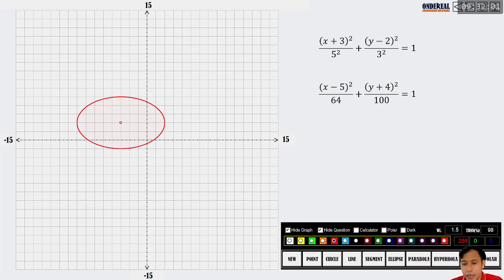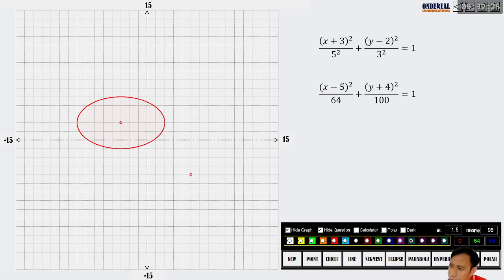So, sa graph na niya. Well, the center is at 5, negative 4. Saan yung 5, negative 4? Nasa fourth quadrant, no? Dito, nasa fourth quadrant. Okay?